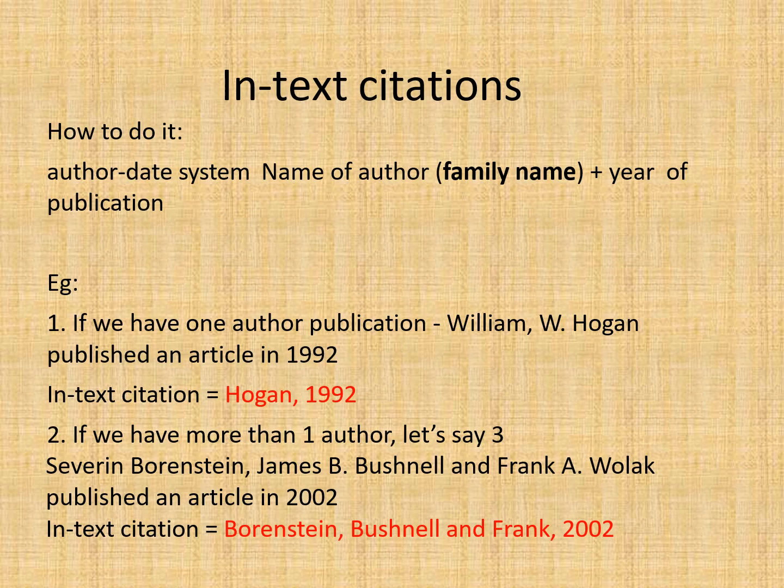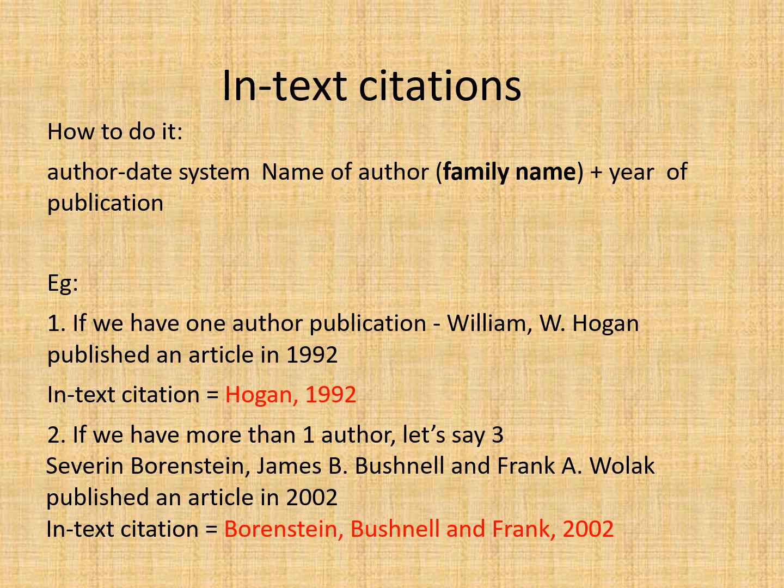The in-text citation consists of author surnames, or family names, and the year of publication. For example, if we have one author publication, William W. Hogan, who published an article in 1992, our in-text citation would be Hogan 1992.